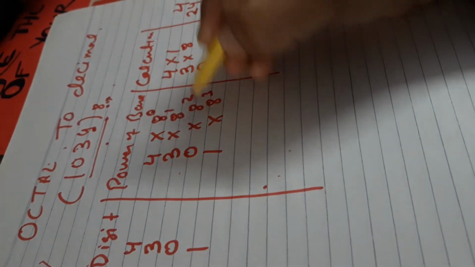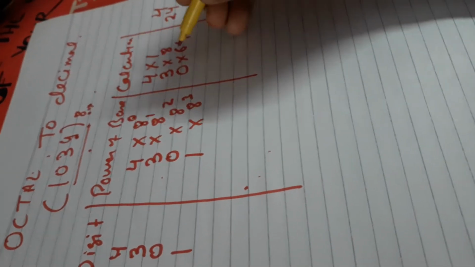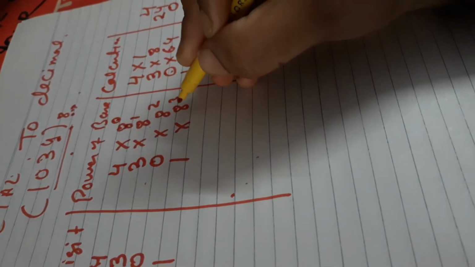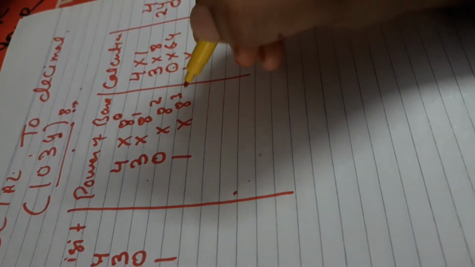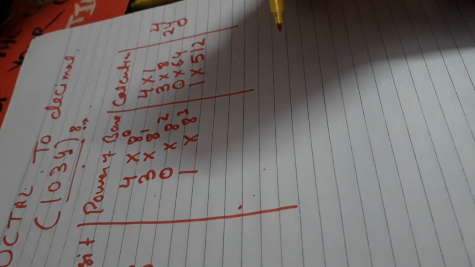Then 0 into 8 power 2 is 64, but 0 into 64 is 0. Okay. Then 1, 8 power 3 is 8 into 8 into 8, which is 512, or you can calculate on the rough side also. So 512.